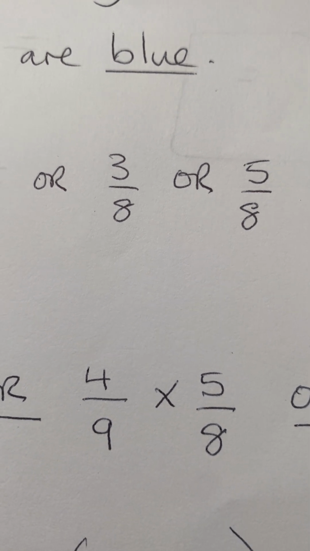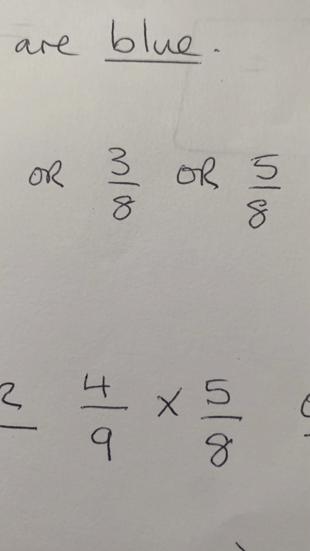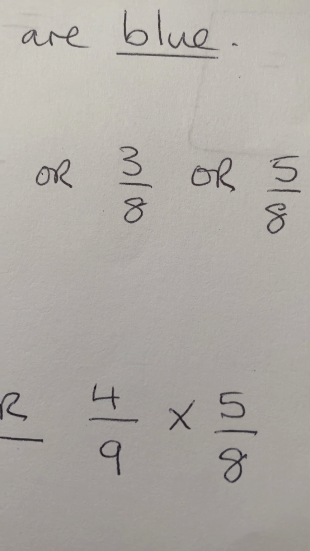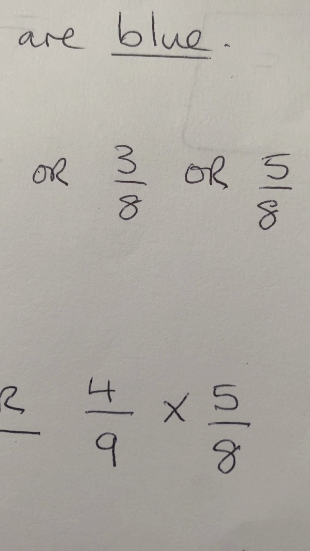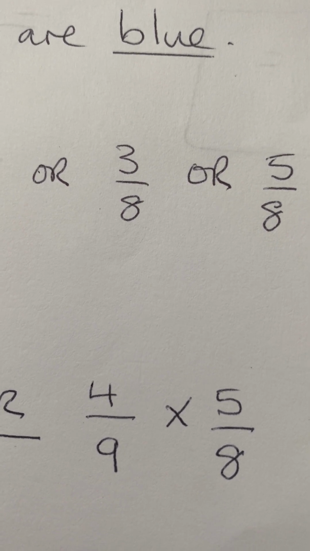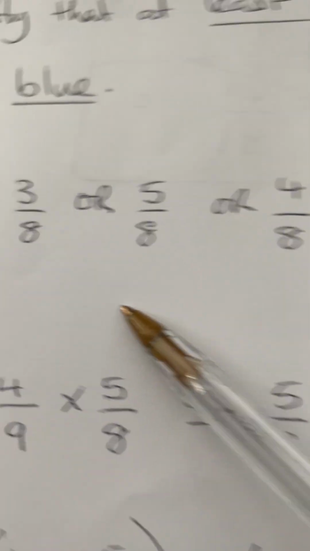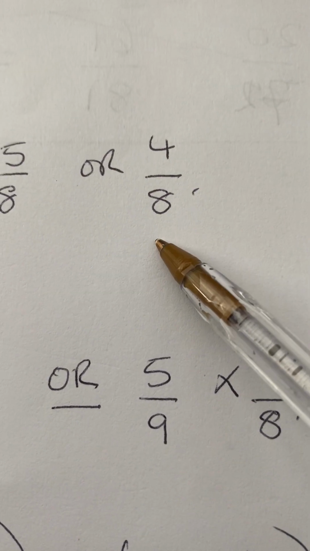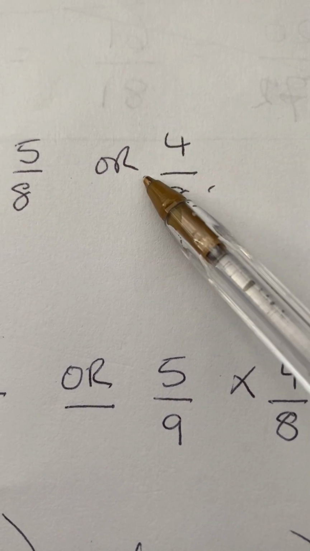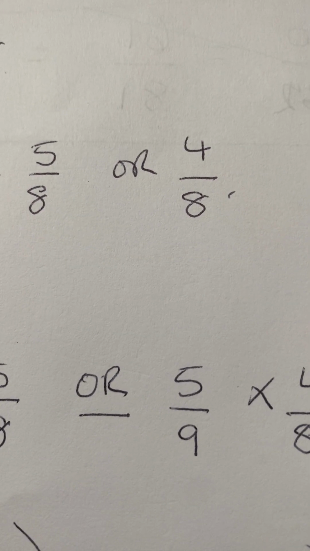The 4 counters, if you pick a blue, the 4 becomes 3. If you don't pick a blue, then the 5 non-blue become 4. Okay, but anytime you pick 1, instead of 9, you get 8. Okay, or 5 over 8, or 4 over 8. That is when you have 4 blues, but you've picked 1, and it turned out not to be blue.